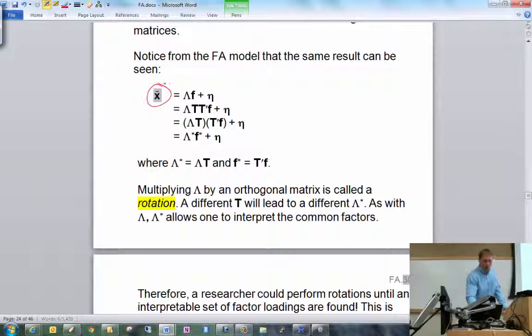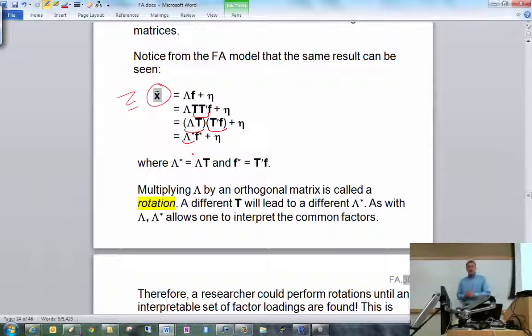Okay? Let's relate this now to the factor analysis model. I wrote it in terms of x tilde. I could have simply written it in terms of z as well. I just chose x tilde. Well, let's again put in that T times T prime inside of the equation there where we have lambda and f. Let's use properties of matrix algebra so I can rewrite it. And then set lambda star to be equal to lambda T again.